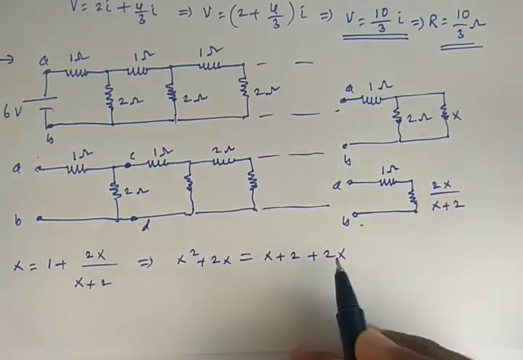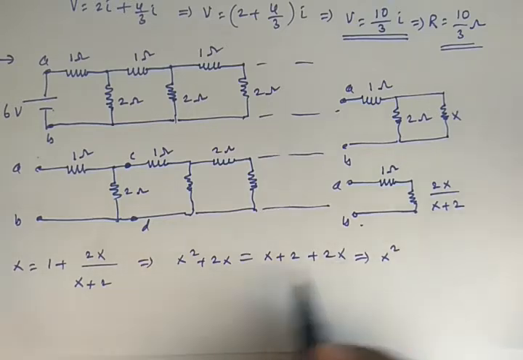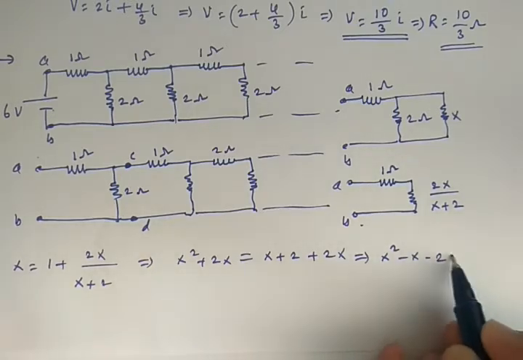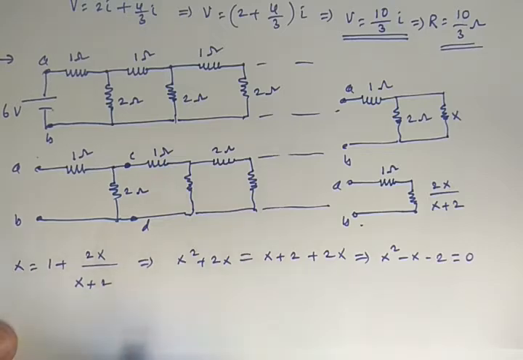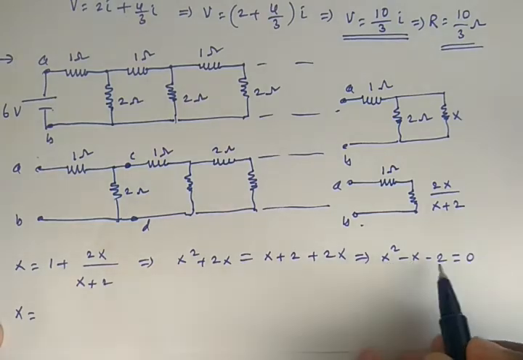You can cancel 2x and 2x, then your equation becomes x square minus x minus 2 equals 0. Once you solve this equation, your x value will be found using the form ax square plus bx plus c.